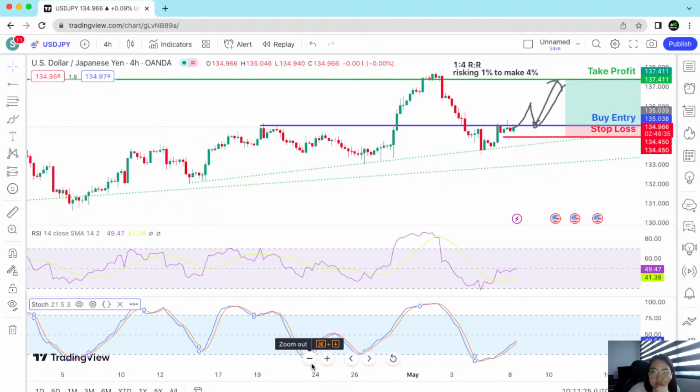Honestly, I do see bearish divergence. It's a very slight hidden one.